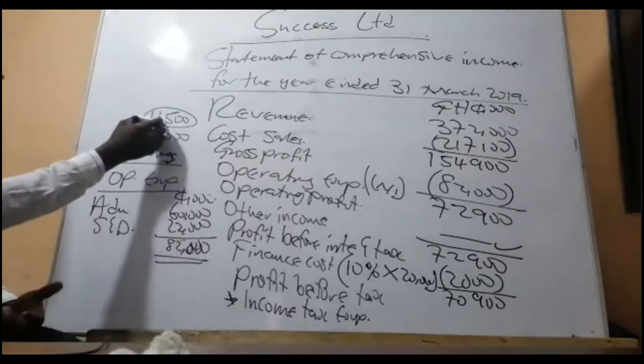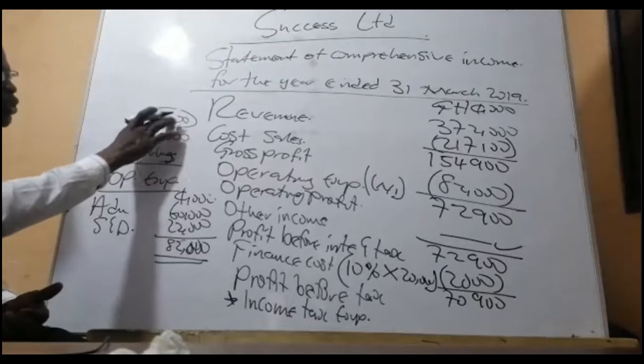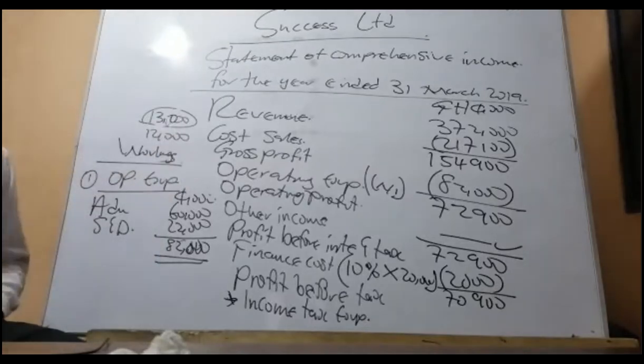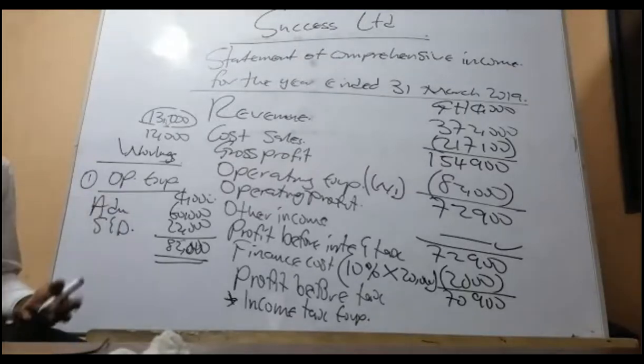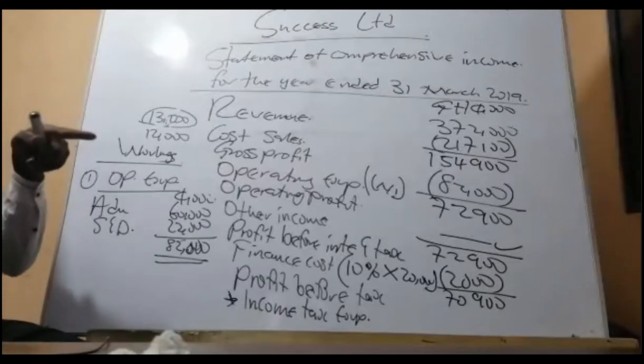Last year, you did an underestimation. What if you had estimated 13,000 cedis? Then you would have over-provided by 1,000. That is a gain for you. But last year your tax was more, so this time let's offset that tax difference.